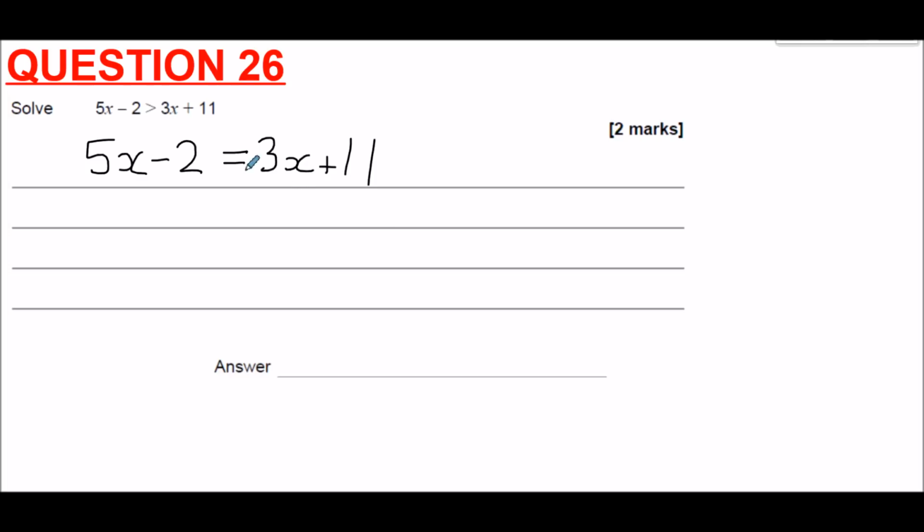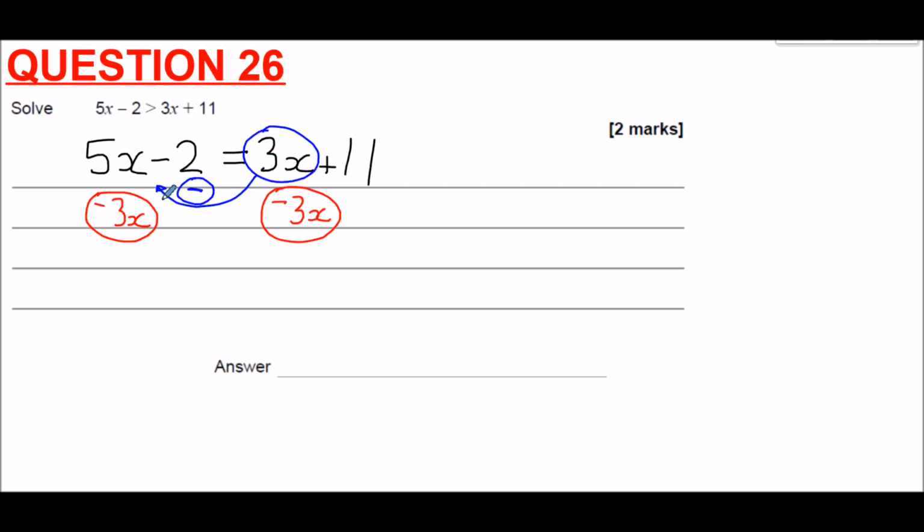So what we could do is take away 3x from the right hand side, and to keep the balance, take away 3x's from this side as well, to make sure it still balances out. What it looks like is happening is it looks like that 3x swaps side, and as it swaps a side, it swaps a sign from being a plus 3x to a minus 3x.